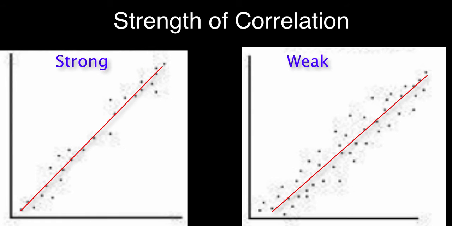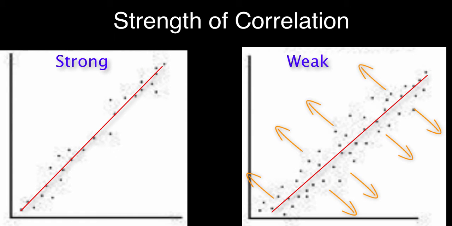And the weaker the correlation, the further away the dots will appear to that line of best fit. So if we had a perfect correlation, then all of the dots will be on the line. And as we move away to no correlation, then those dots will be scattered around the line at a great distance.